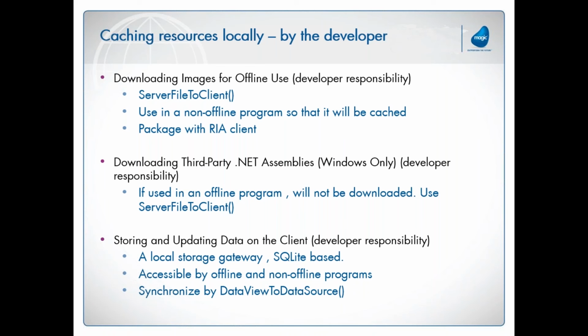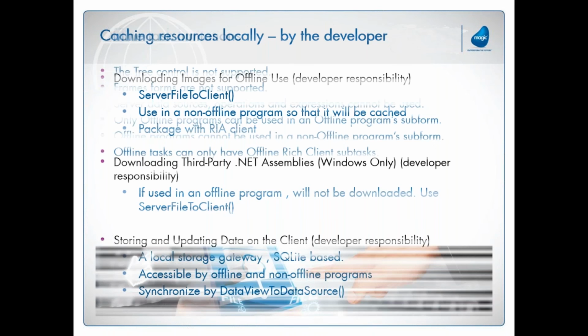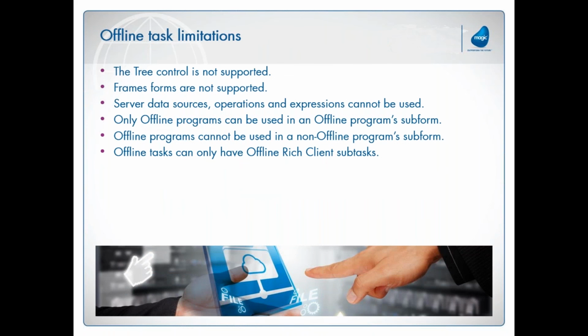You can encrypt it if you want to. All the local data should be stored in this local database. Now, this database is accessible by offline and also by non-offline programs. So you can also use it in non-offline programs, but usually you would use it in offline programs. And there is also a new function called data view to data source, which helps you synchronize the data from the server to the client. We are going to discuss it later on.